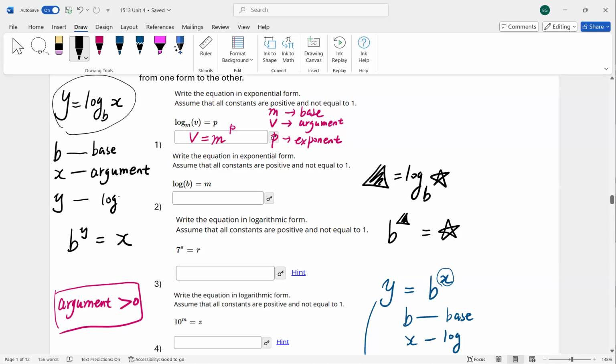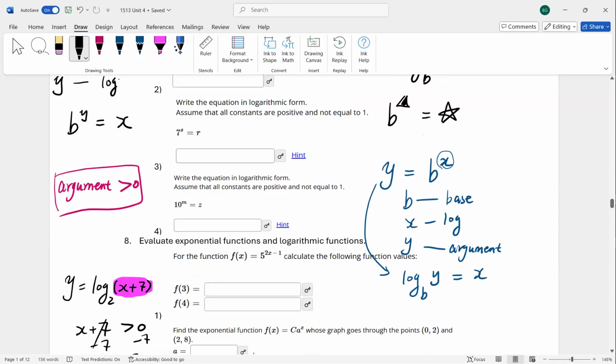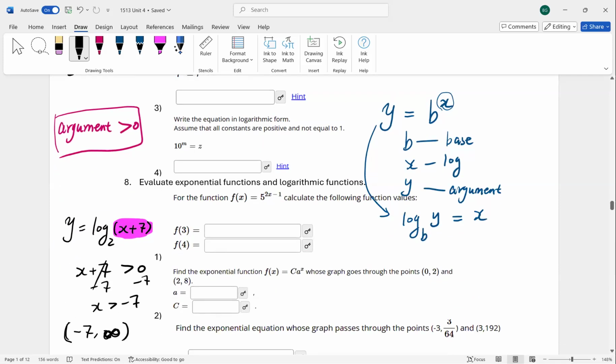The other way around, if we are given the exponential form, b is still the base, right? I don't see a reason you wouldn't see which part is the base. B is the base. Then whatever is on the shoulder of the base is going to be the log, a piece of wood. Since we already have the base and the log, the remaining part, y, would have to be the argument.